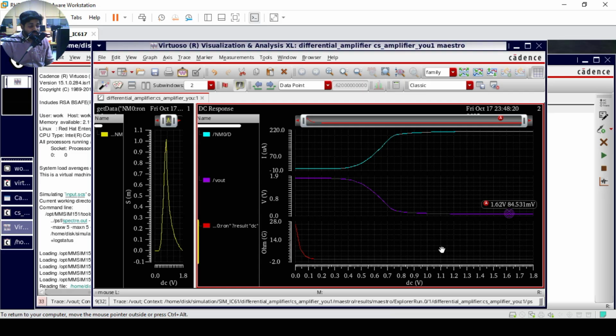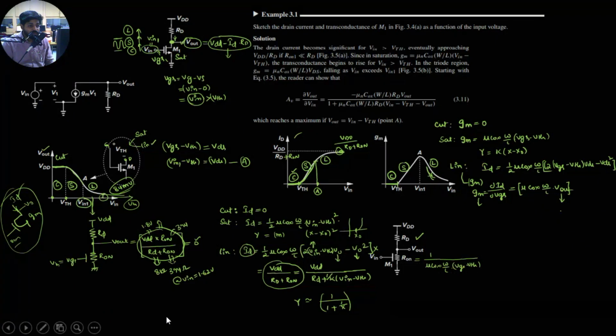So with respect to variations of the V input, how the output is going to be constant, how it is going to fall, and how it is going to reach the level of 84 as per the equivalent circuit, we were able to get that, and we were able to solve it through the simulation also.